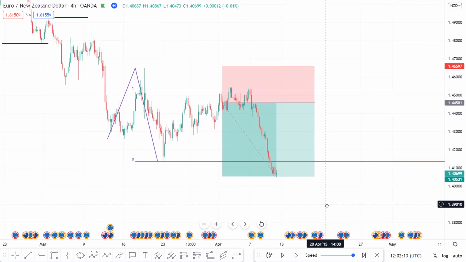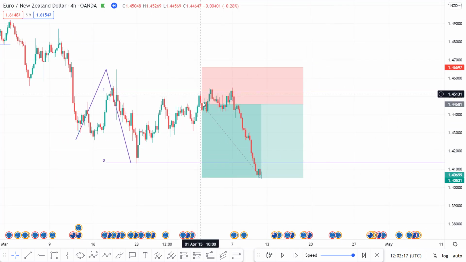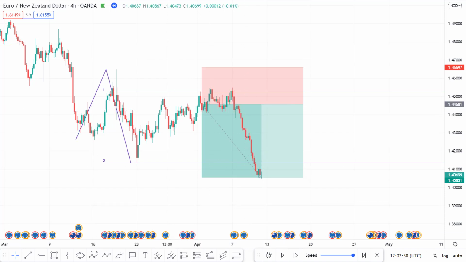Okay, there we go. So I got filled on that one using a market order. I waited for a bearish candle to show rejection at the reaction leg measurement. Quite a large stop on there, but it was above this structure here, but 200 pips to make just over 400, so that's a 2R win on that trade.